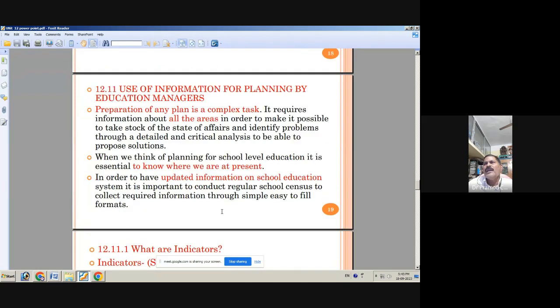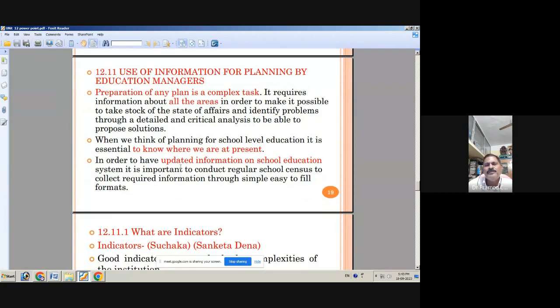Then how can educational managers use the information for planning? It is very much helpful for preparing any plan, which is very complex for others.